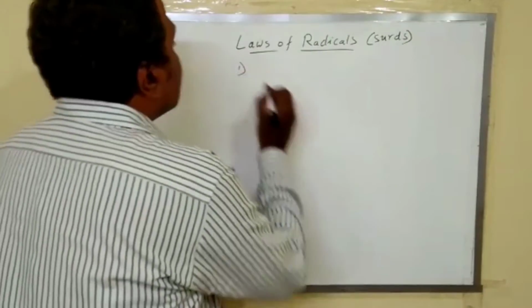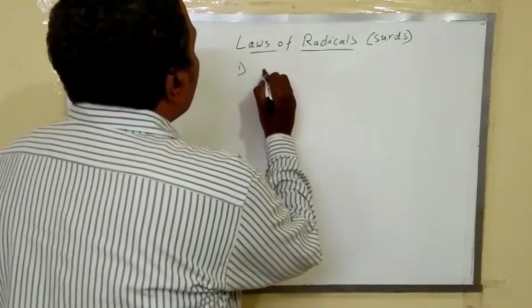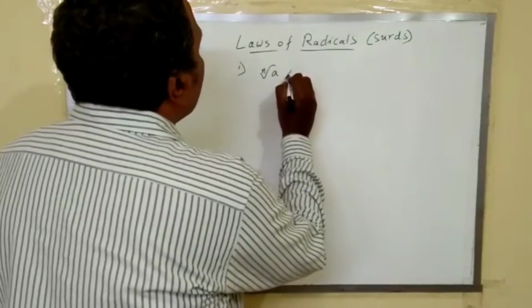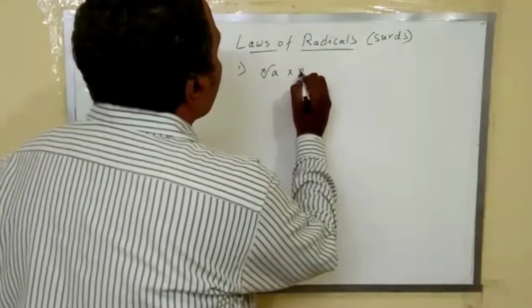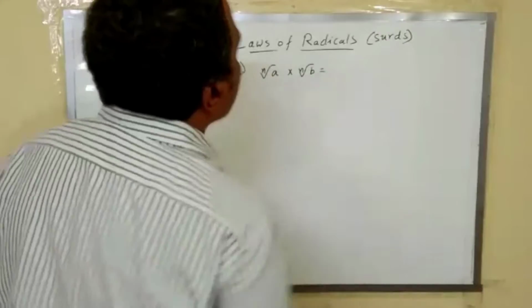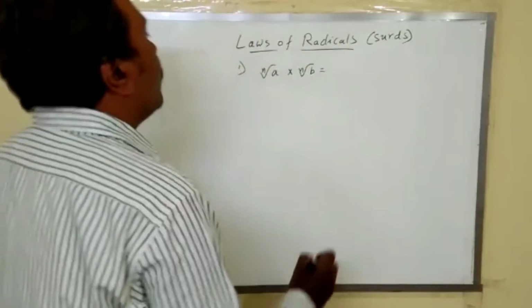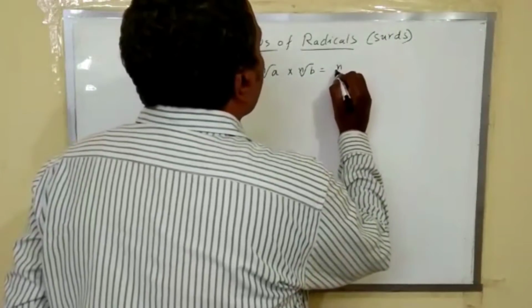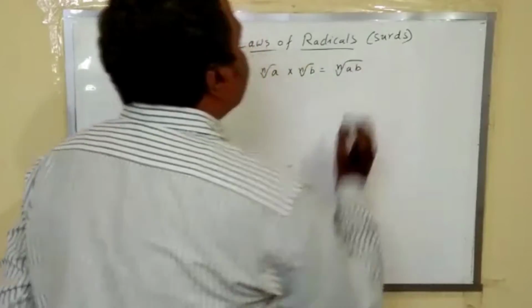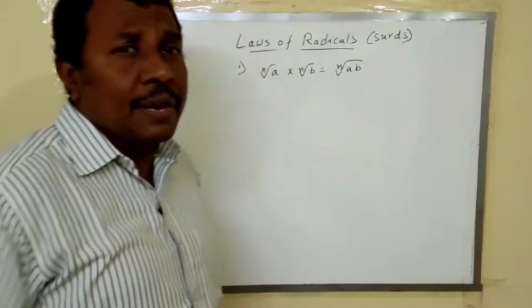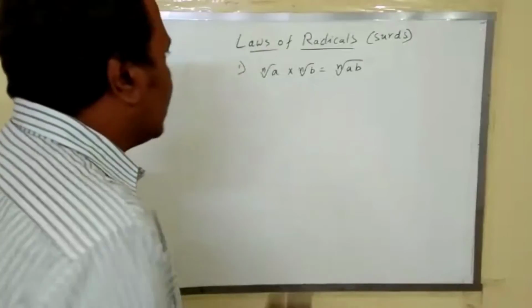The first one is nth root of a into nth root of b. Nth root of a into nth root of b is equal to nth root of ab.